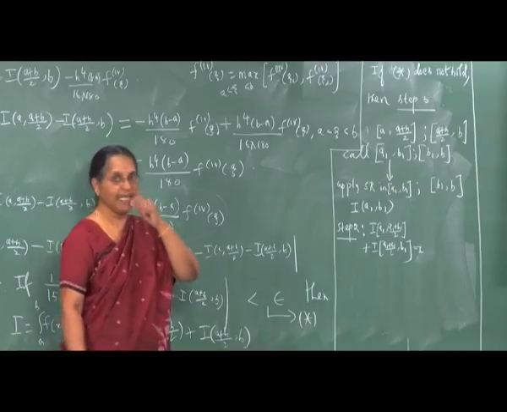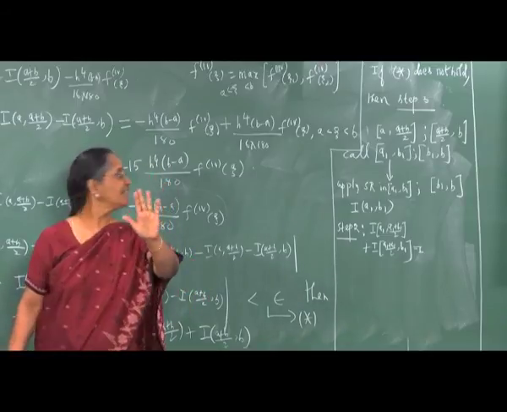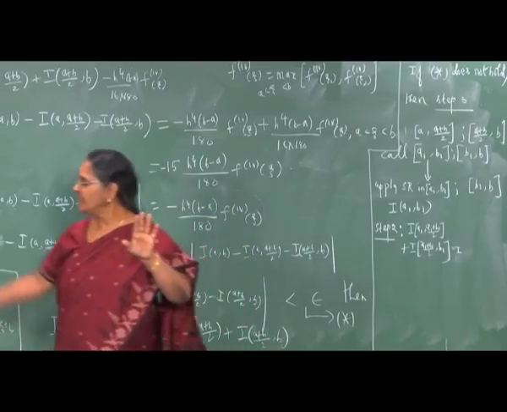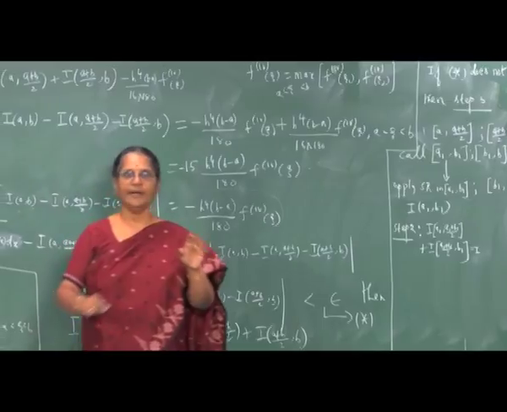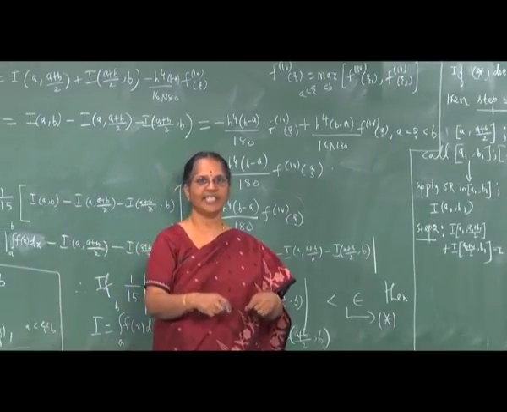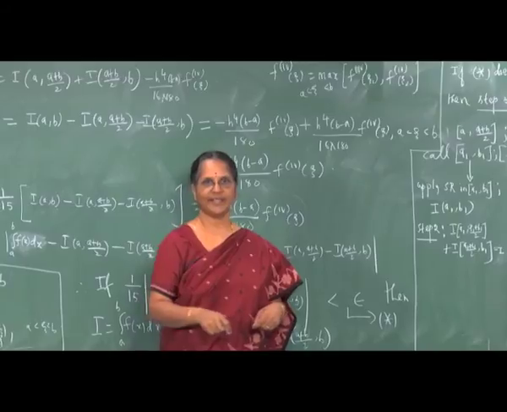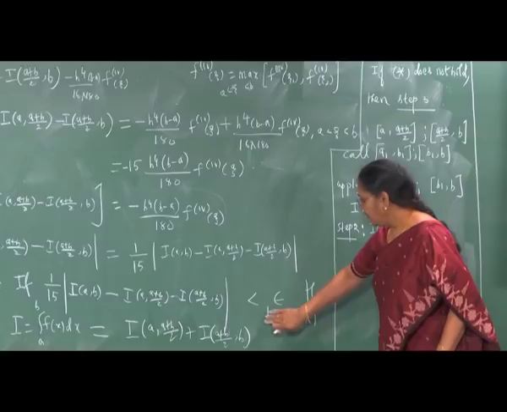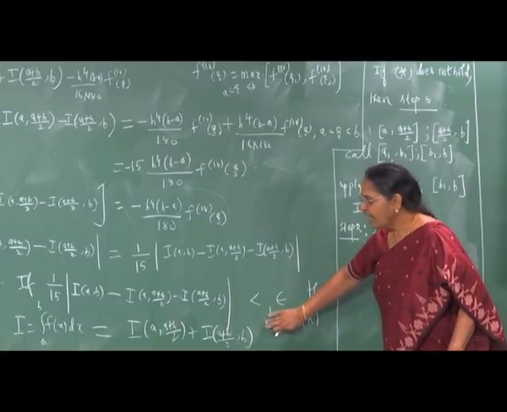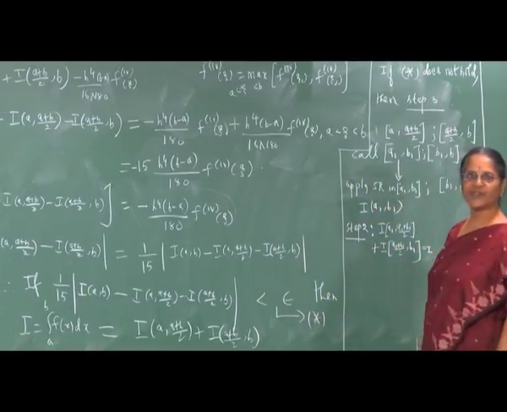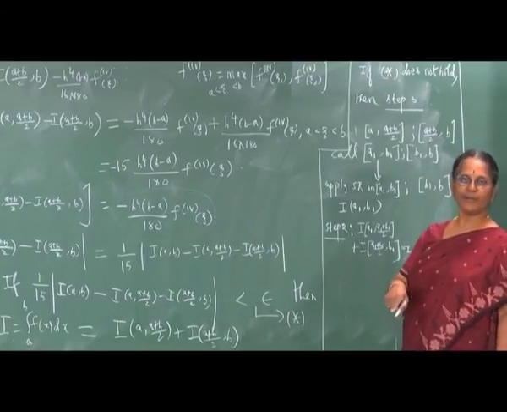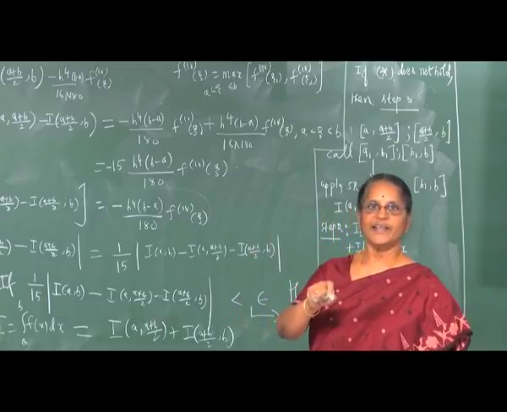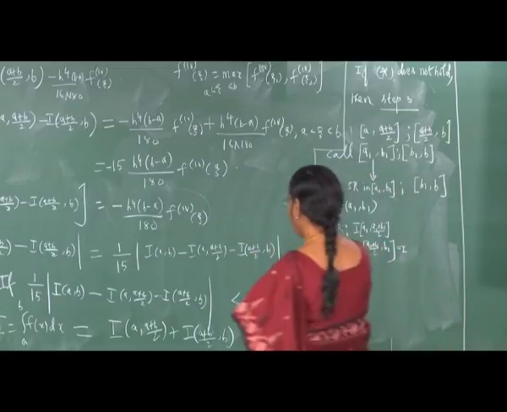So, essentially the first part of step 3 is repetition of step 1 and step 2, but now the interval of integration is a1 b1. Now check whether the accuracy condition star is satisfied in a1 b1, but now take your epsilon as epsilon by 2.